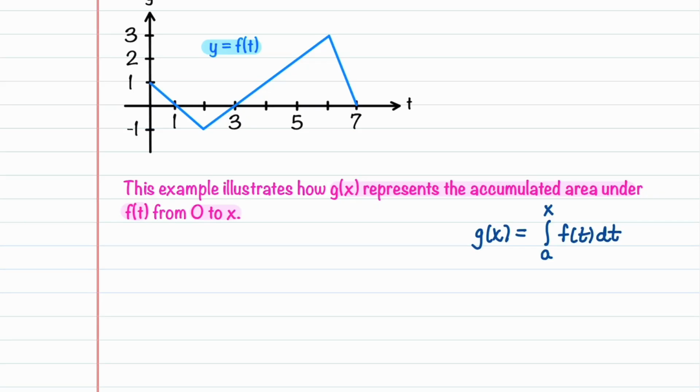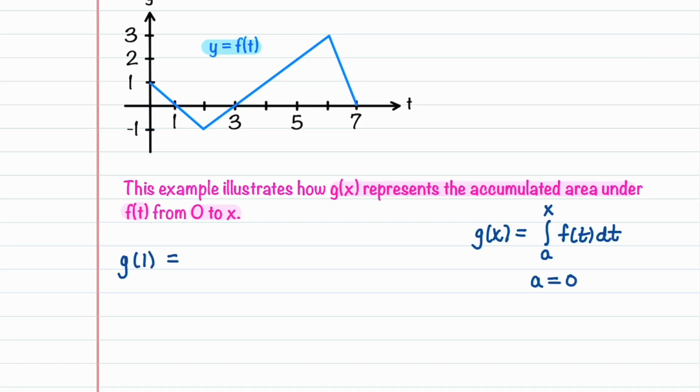If we look up at our graph of f of t, we can see that t starts at 0, so that tells us that a is equal to 0, and we're going to find g of 1, g of 3, and g of 6.